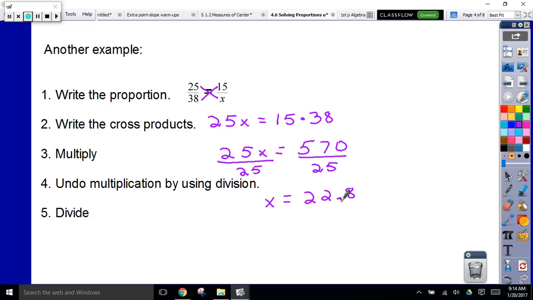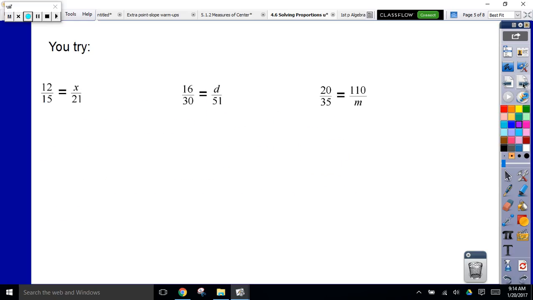Okay, any questions before you try the next 3 examples? Here's what I want to see minimally. Let's do the first one on the you try together. I'll show you how you can take a little shortcut, but not completely. I want to at least see evidence that you used cross products. So 15x equals, you can multiply these numbers on your calculator and just write it down.